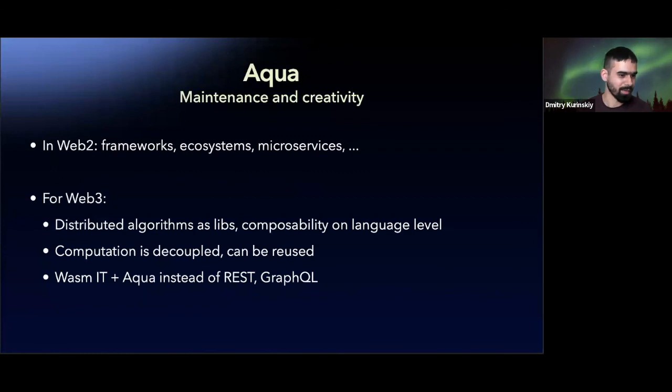Okay, I have a small number of slides, and I will try to get faster. That's about maintenance and creativity. Web2 has frameworks, ecosystems, microservices. For Web3, we need to have distributed algorithms as libraries, and we need to have composability on the language level, and that's what we have with Aqua.